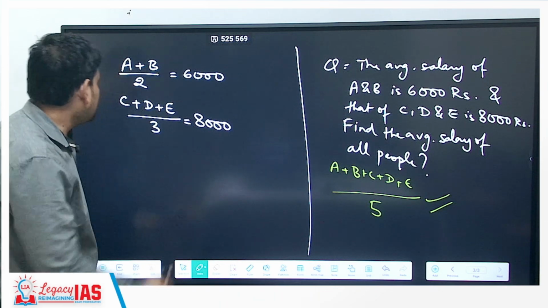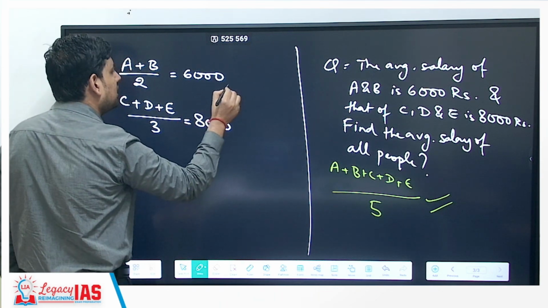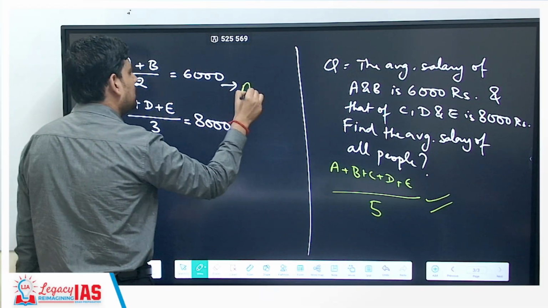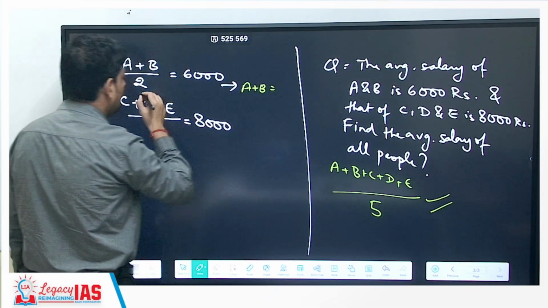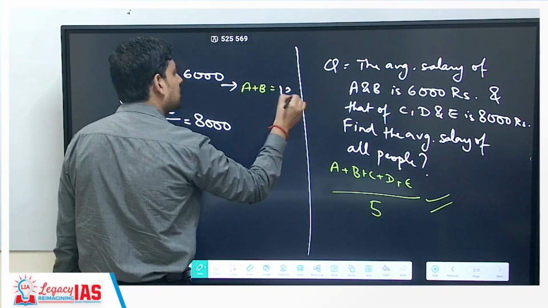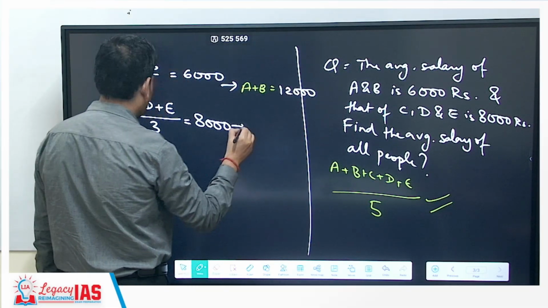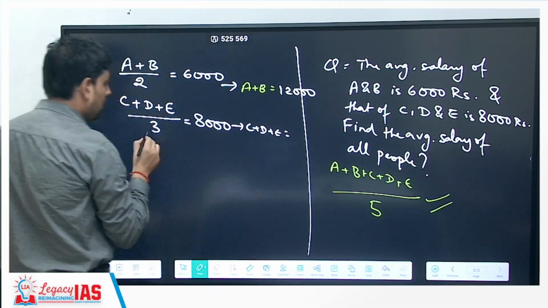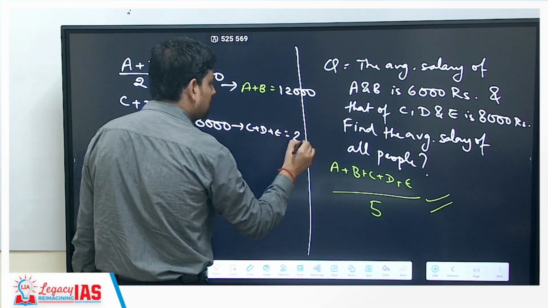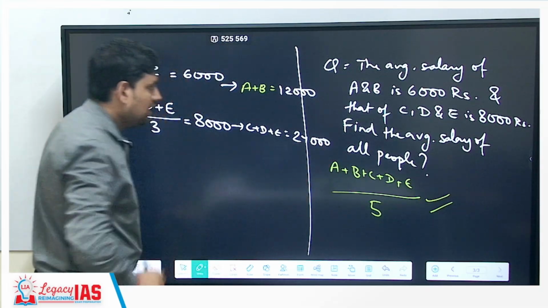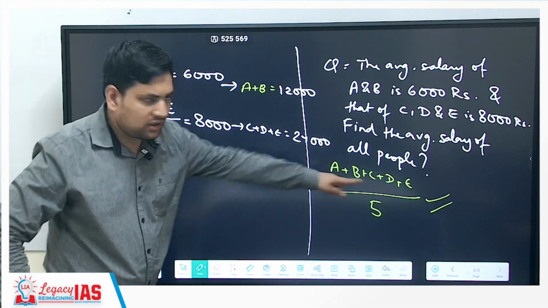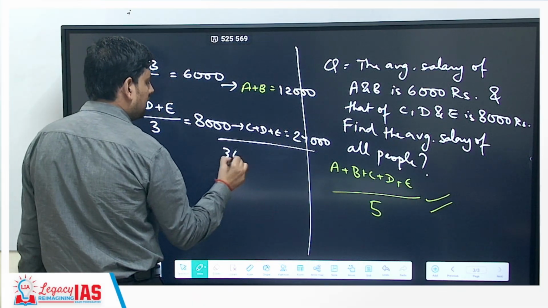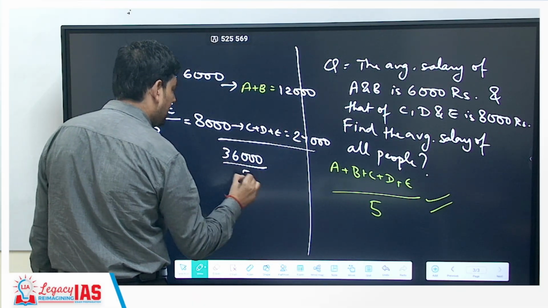You can already guess. So what I can do from here is get A plus B equals 6,000 into 2, that is 12,000, and from here get C plus D plus E equals 3 into 8,000, that is 24,000. Now I need the sum of both, so I just add both of them and I will get 36,000 divided by 5.